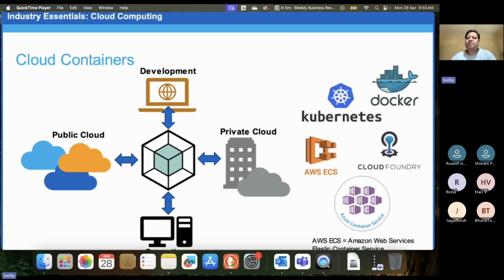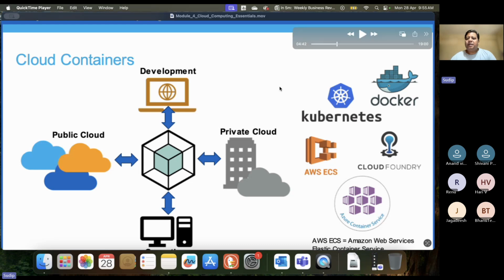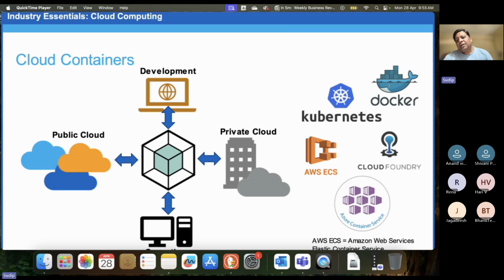One popular myth, I would say, or misconception, is people think that Kubernetes is also a kind of container. But it is not. Kubernetes is not a container. Kubernetes is a container management software. It allows you to manage the containers. It allows you to create new containers, delete containers, resize the containers, create some policies as to, if the load is higher, how many new containers should spin up?